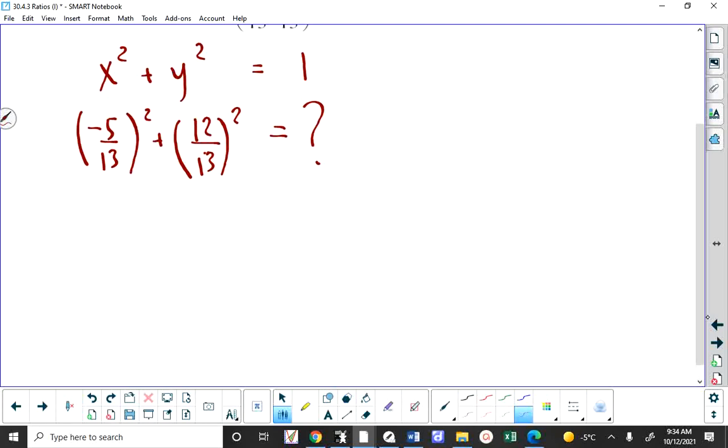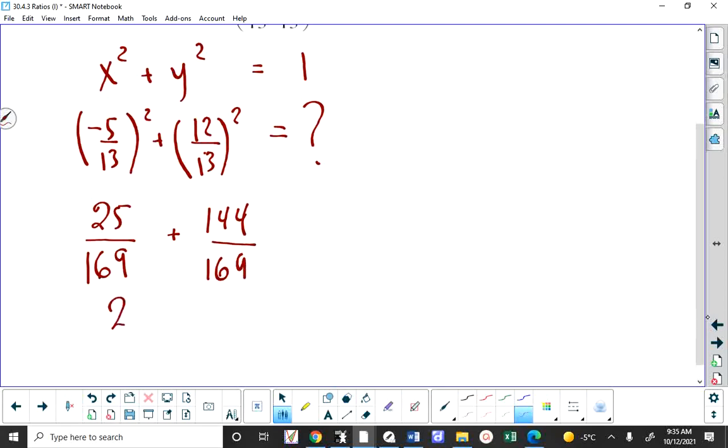When we square a fraction, we square the numerator and denominator, and I believe the square of 13 is 169. You can use your calculator for that. I don't have a problem with that. I have a problem with you just putting everything into your calculator and going math, enter, enter. That's the issue I have. Plus 12 squared is 144 over 169.